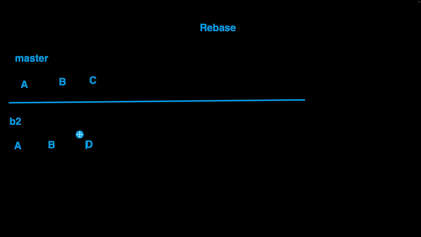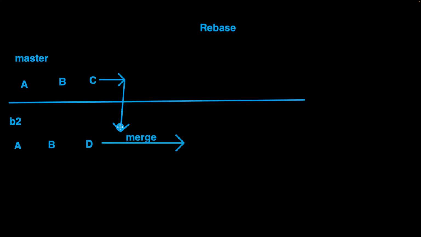Now, after some days, I got a requirement that I need to get the changes from master to B2. How do you integrate changes from one branch to another? What is that called?